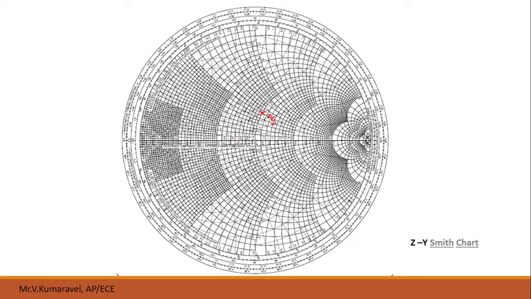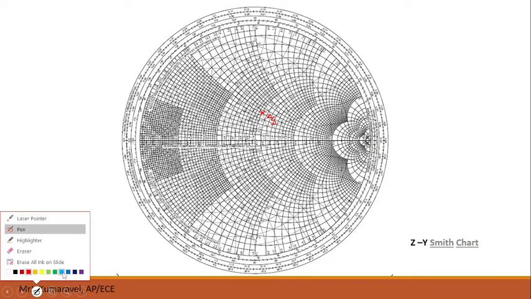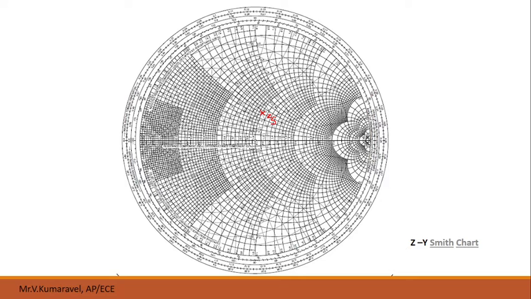Now we need to draw a resistance circle and conductance circle that pass through this normalized source impedance. Here we need to trace this path. We draw the resistance circle that passes through this point, actually tracing this path exactly.